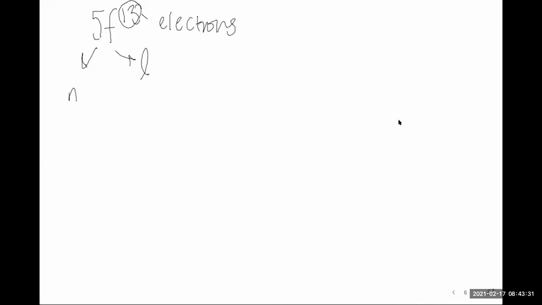So like he said, n equals 5. And then your L would be 3 because it's an F. And your magnetic quantum number would be -3 to 3.